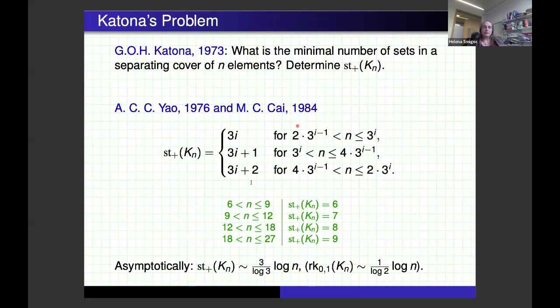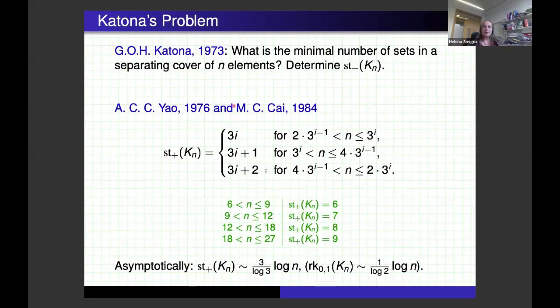This is the formula for the SNT rank of Kn. You can look at how this behaves on small examples and so on. But maybe what's interesting to us is to compare this now with the Boolean rank of Kn, which is also known. Because the Boolean rank of Kn is known, we can determine its asymptotic behavior as 1 over log 2 times log n.